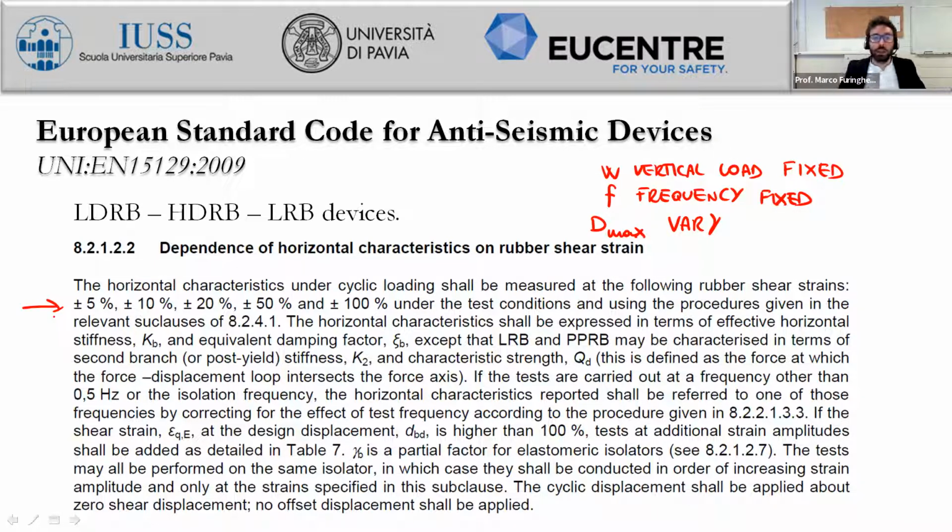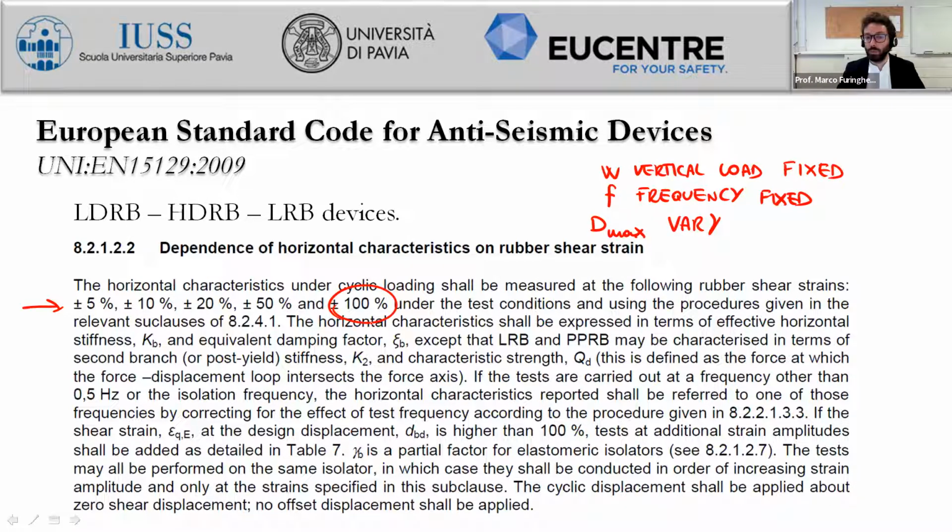These are shear strains, exactly like the 100 that we considered in the previous slide. So 100 is the key reference, the maximum reference for the testing protocol, but we consider increasing values of shear strain.